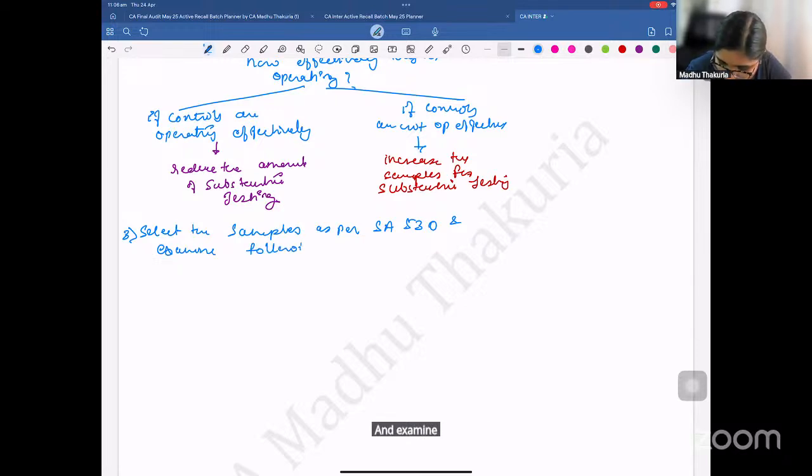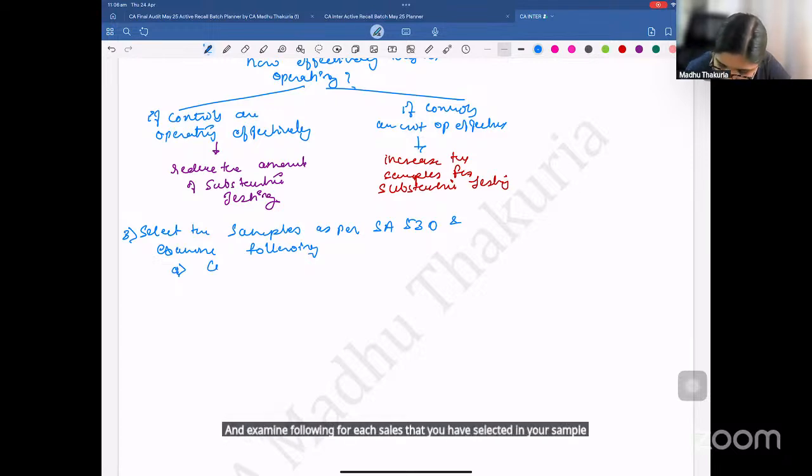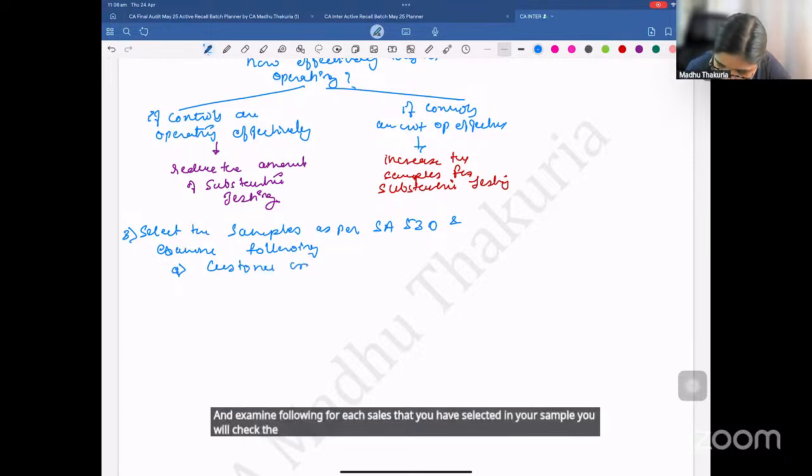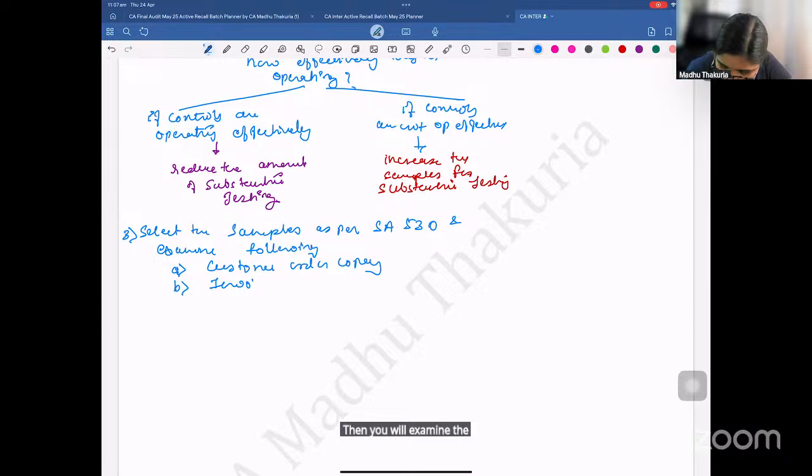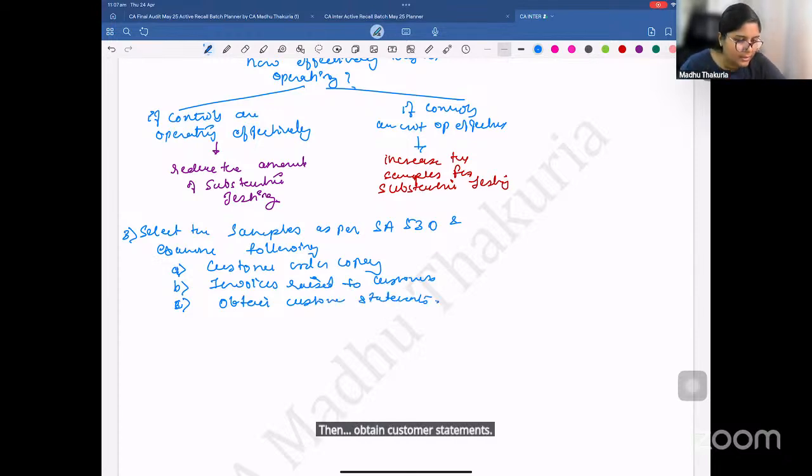For each sale that you have selected in your sample, you will check the customer order copy. Then you will examine the invoices raised to customers. Then obtain customer statements.